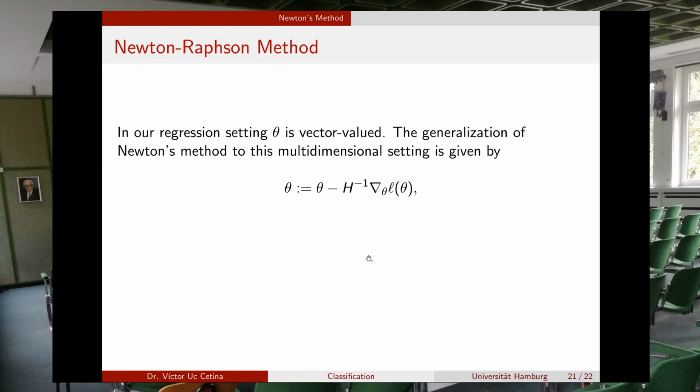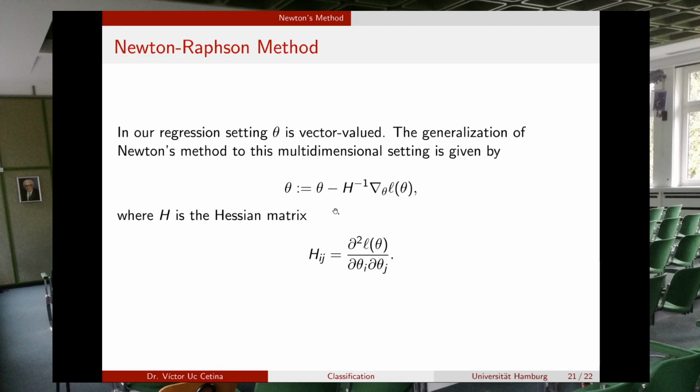Now, as I said before, we always want to estimate many parameters. So this Newton rule for many parameters, which is called the Newton-Raphson method, consists in updating theta with theta minus the inverse of this big H times the gradient of the function that we want to minimize.